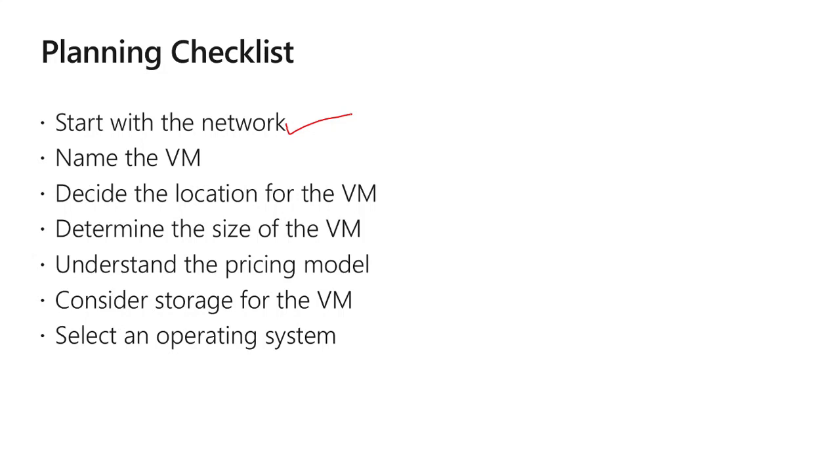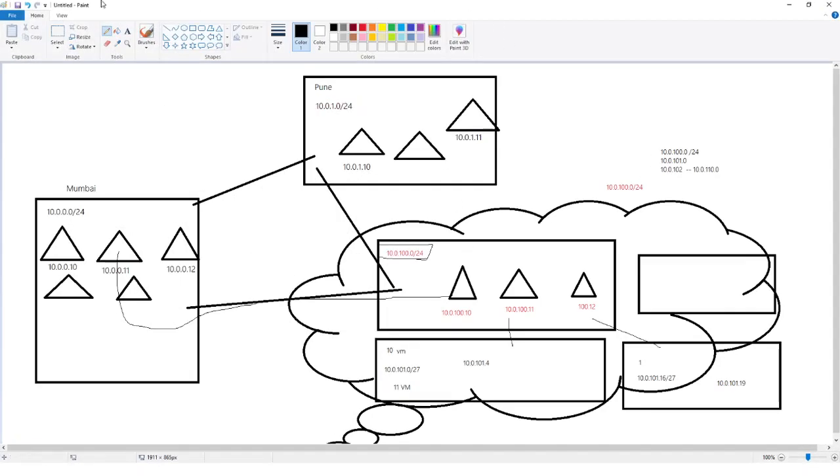First thing. The second thing is why network is important. Once a virtual machine gets deployed in one network, you cannot move it from that network to another network. You have to redeploy your virtual machine. Make sense? You might think, okay, Samit, as of now let me deploy here, and in future I'll just move this machine to there.